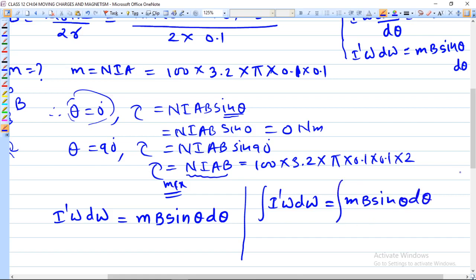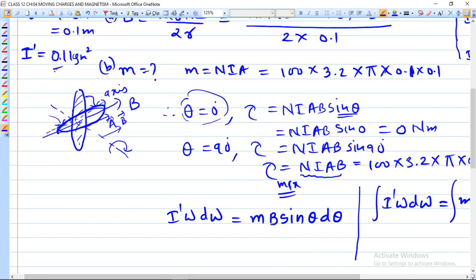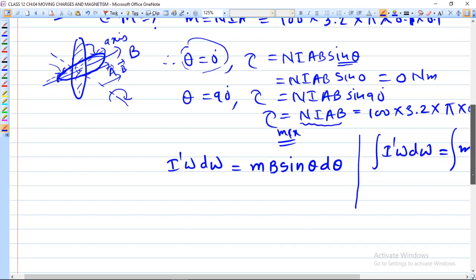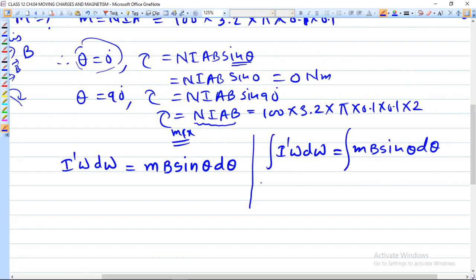What is the value of the moment of inertia given? Let us replace it: 0.1. So we are getting somewhat simpler here. What is the integration of omega d omega? Very simple: omega square by 2. MB is constant, sin theta d theta.